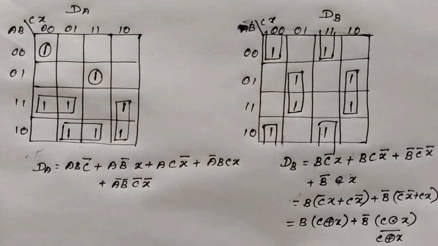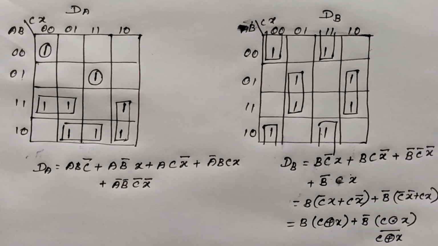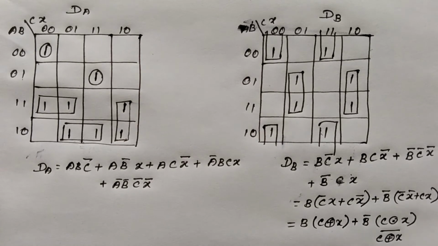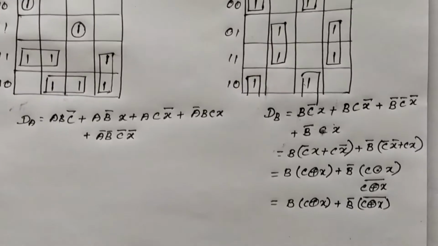Therefore, which is of the form B C XOR X plus B bar C XOR X the whole bar.